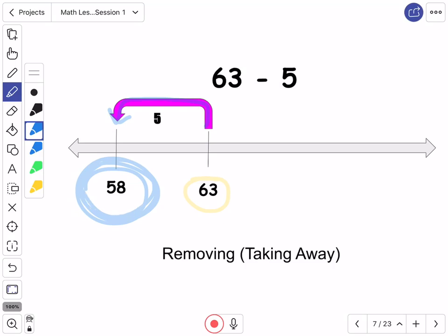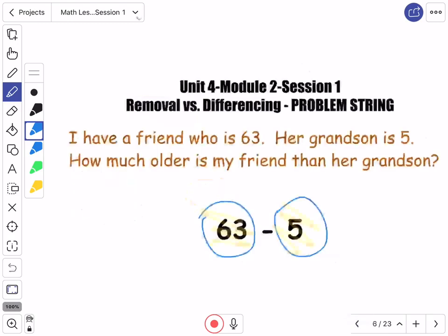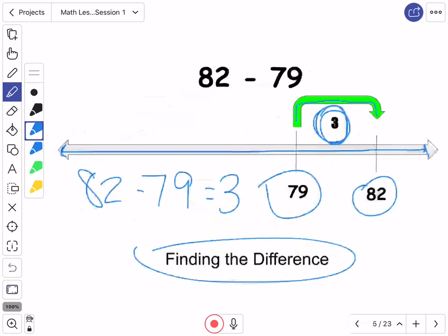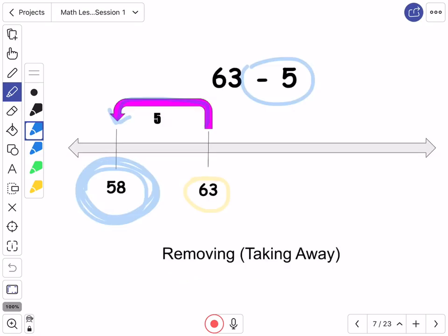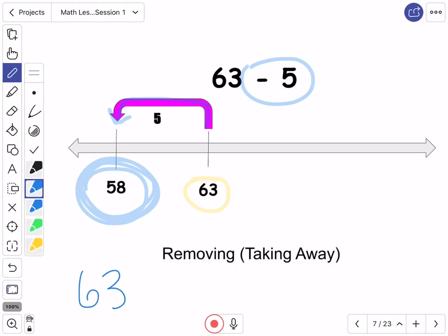This time I'm actually taking away 5, whereas in the last problem, I was actually just finding the difference between the two numbers, which were closer together. In this one, I'm removing or taking away 5 to find the answer. So now I know that 63 take away 5 is 58.